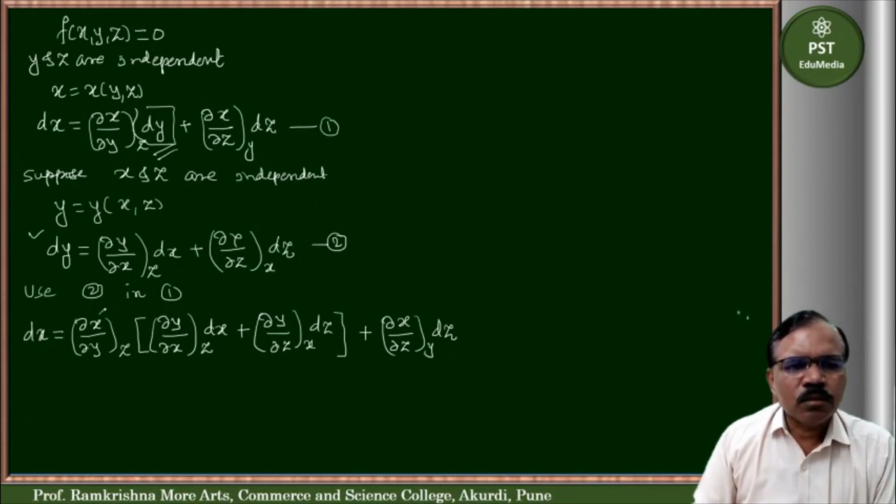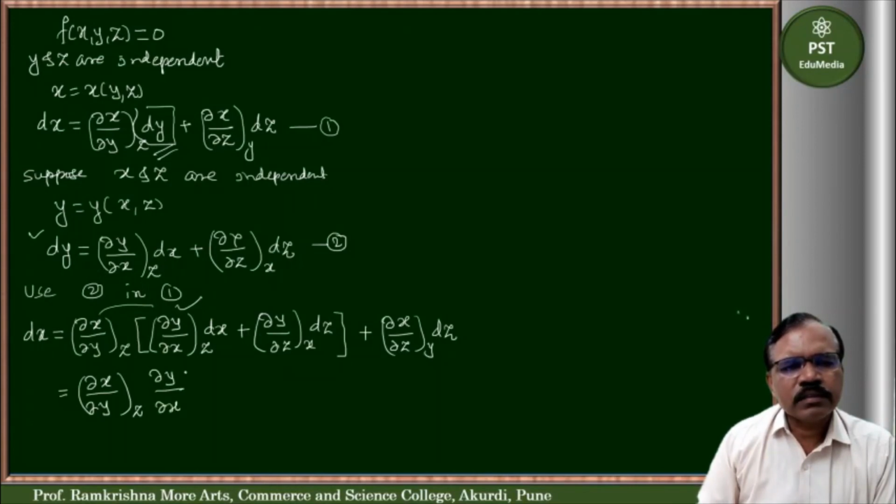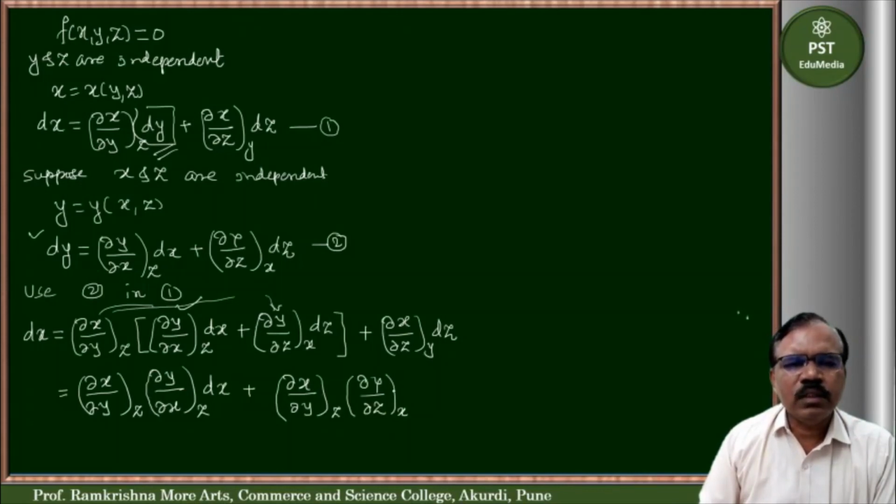Now we will arrange this. Solve this one. First I will get partial x by partial y for constant z into partial y by partial x at constant z into dx, plus partial x by partial y at constant z into partial y by partial z at constant x into dz, plus partial x by partial z at constant y into dz.